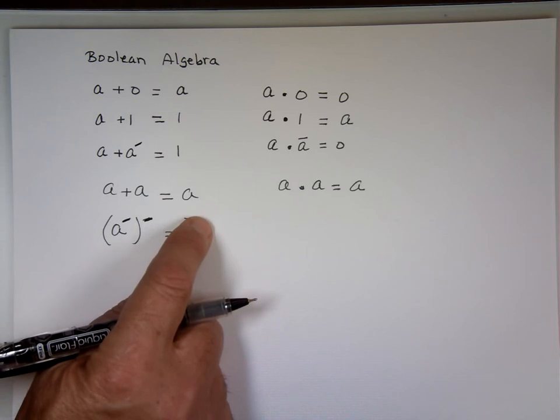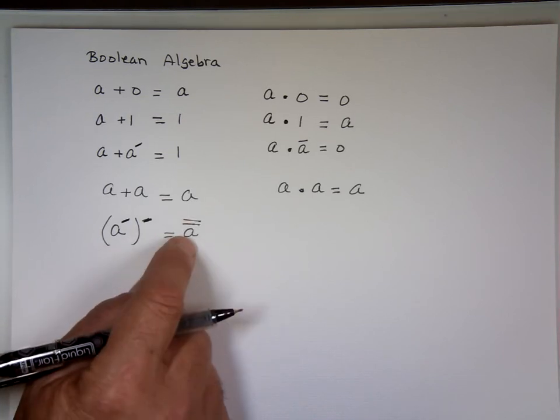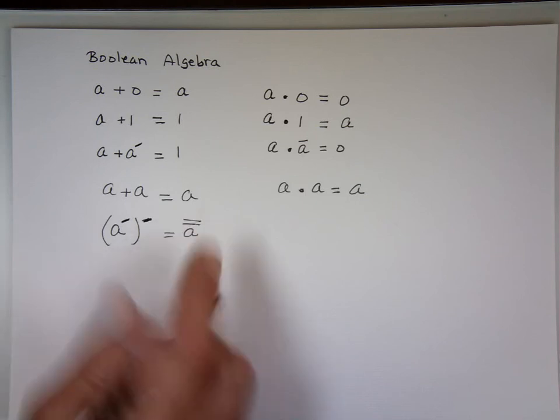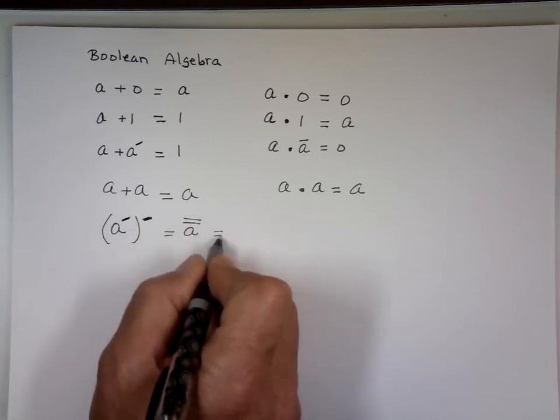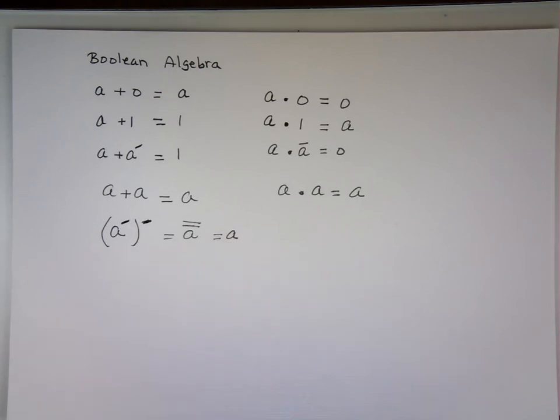If A is 1, complement that, that's a 0, complement the 0, that's a 1. So you end up with A. So double complements cancel each other out, basically. You go, what am I going to use that for? Trust me, this is actually very important. You'll see it in a minute.